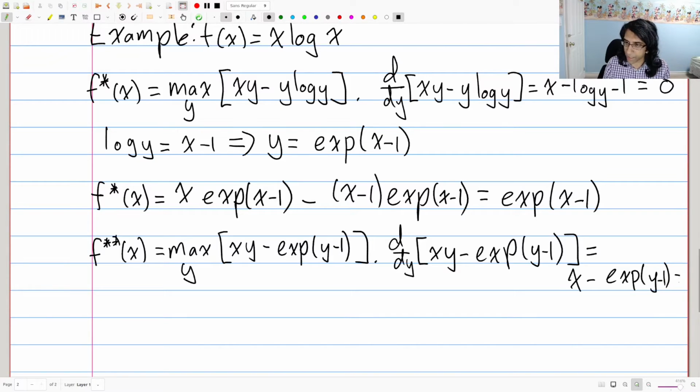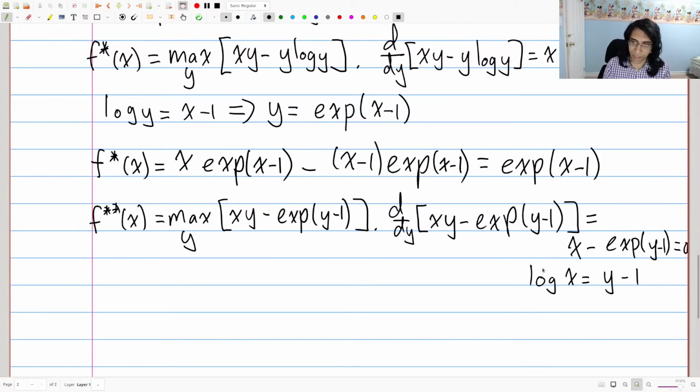And we want this to be equal to 0 because we're trying to again find the maximization of this. And we get that log of x equals y minus 1, just by moving this over to the other side, taking the log of both sides and rearranging a bit. That gives us that y is equal to 1 plus log of x.